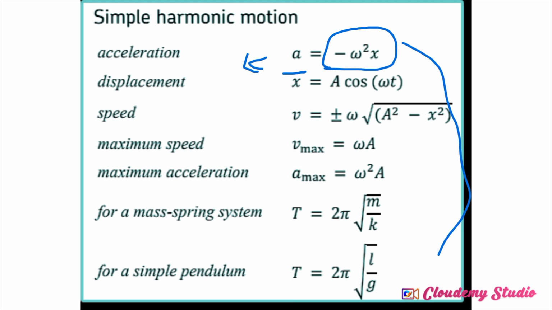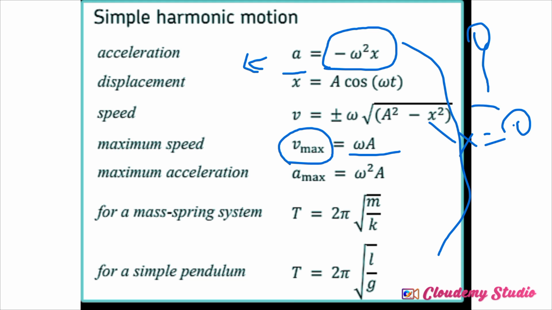Another thing to note is that at the center the velocity is maximum. Here x is the displacement, and at the center x is equal to 0. So for v max, v is equal to omega A, because there is no displacement there.